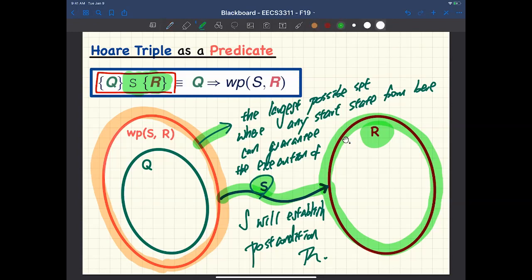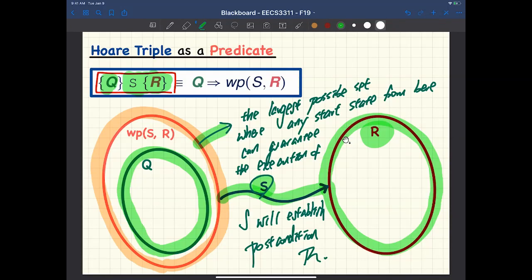The Q over here is the precondition of your program. So now you're asking whether every state in your existing precondition is allowed by the weakest precondition. In this particular diagram, it is. So this diagram shows you the Hoare triple should be true.